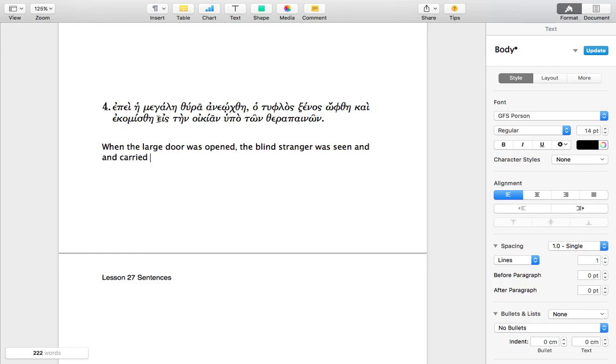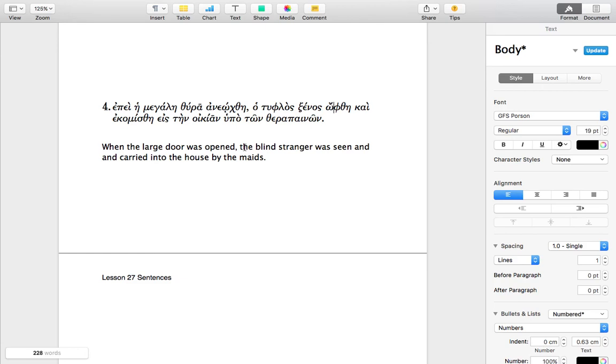And then the rest of it's fairly straightforward. You have preposition, accusative, eis tēn oikian, into the house, hypo tōn therapainōn, by the maids. Fairly straightforward, but a bunch of aorist passives, so they're fun. They're very easy to translate if you can spot them, right? Just keep in mind they're passive, they're not active. So the stranger wasn't seeing anything; he was being seen, right?